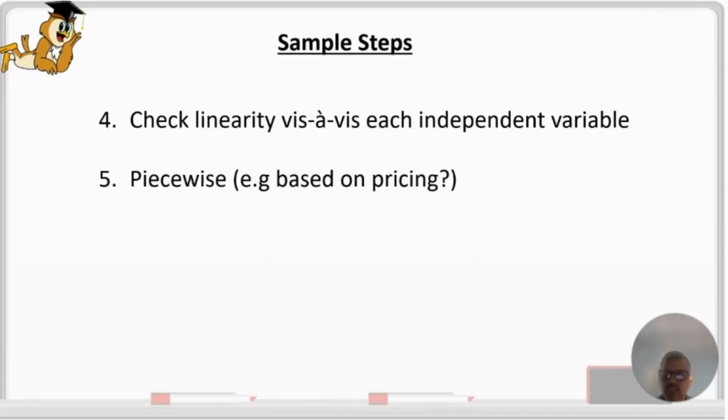Then based on what the relationship looked like, I may want to solve the problem piecewise for certain independent variables.